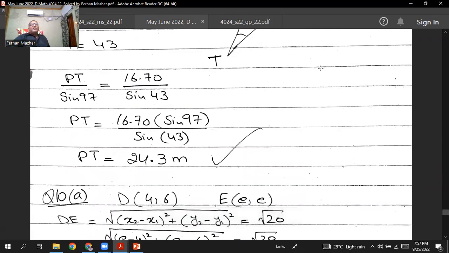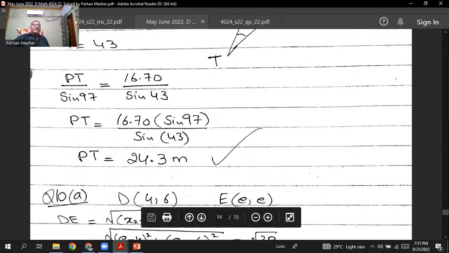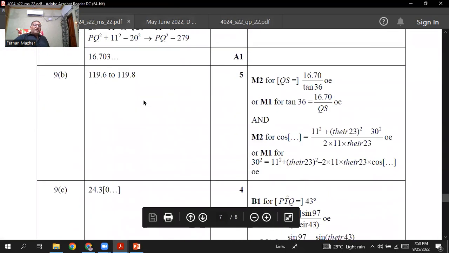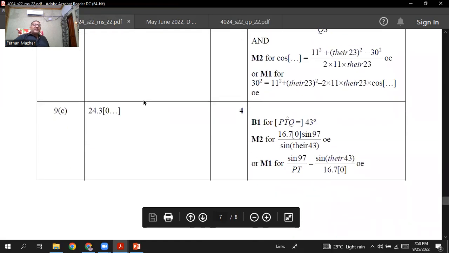So PT equals 16.70 times sine 97 divided by sine 43, and you will get 24.3 meters. So the side PT is 24.3 meters. That's the right answer.